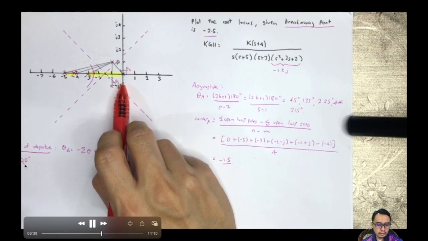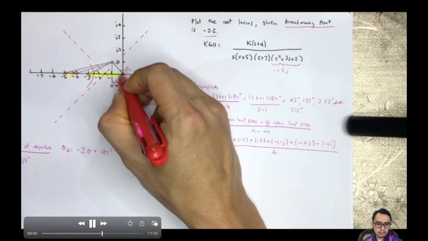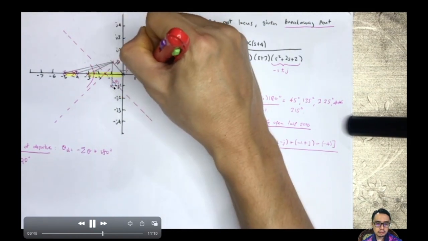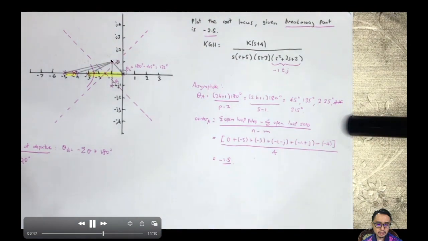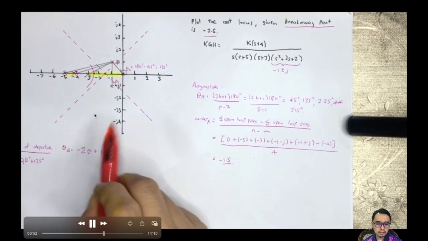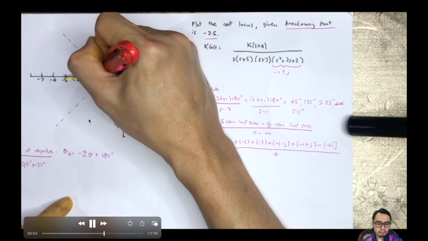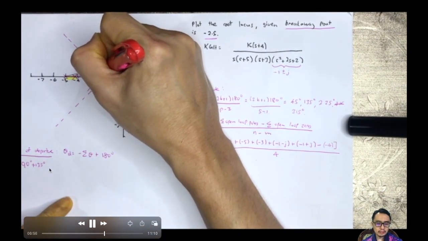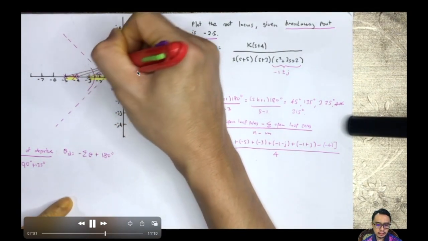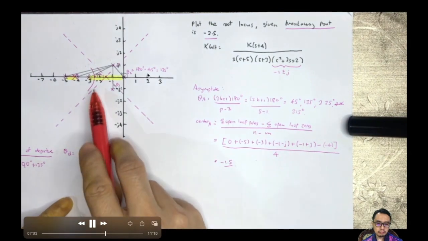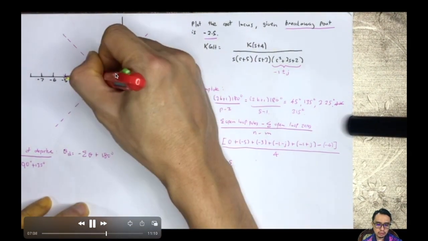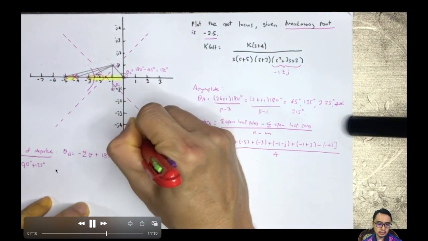Alright, so we got 90 degrees for this particular theta. This vector is just a straight line made by this pole, so it's just 90 degrees. The second one is 135 degrees, made by this. It's 180 degrees minus 45 degrees, because we know this angle. This is 1, this is 1, so there should be 45 degrees, so we got 135 degrees.